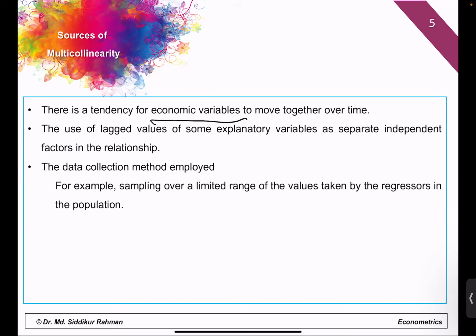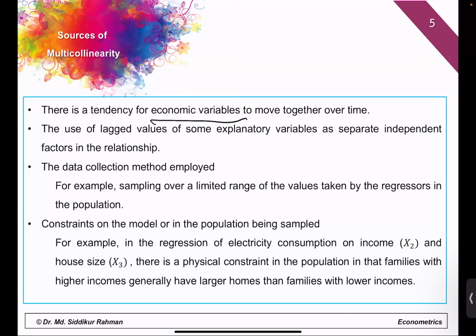The data collection method is very important in statistical data analysis and interpretation, right? If you have some problem in the data collection, you might face the multicollinearity problem. There are also physical constraints, like the regression of electricity consumption.